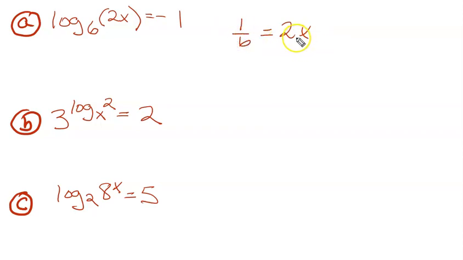And now to solve it, I'm going to divide both sides by 2, or I can do a little fancy math. I'm going to multiply both sides by 6 to get rid of that fraction. So I get 1 equals 12x. So x will equal 1/12.